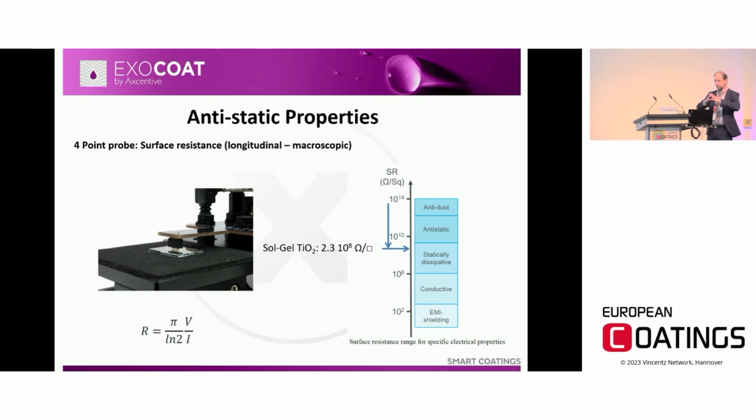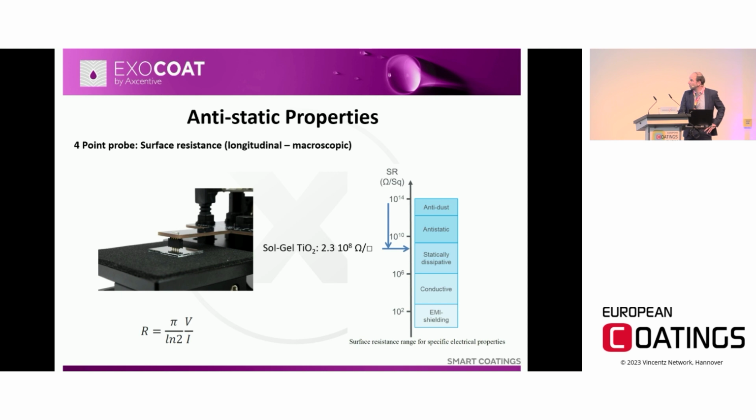So you have your glass plate with coating, and on 4 sides you measure the resistance of the coating. In this case, we measured a resistance of 2.3 10 to the 8 ohm per square, which means that such a material is statically dissipative. It also means it's antistatic, and also should mean that it is dust repellent.